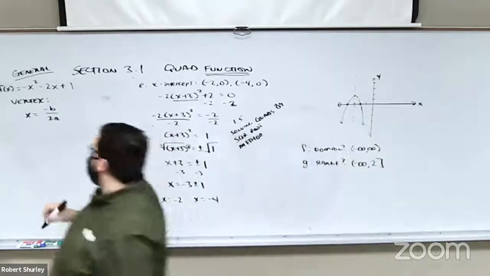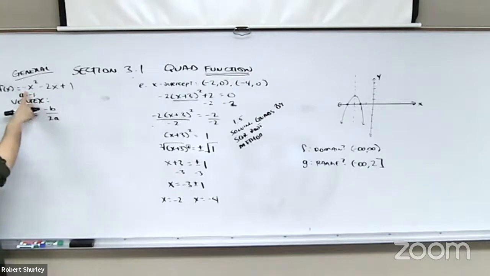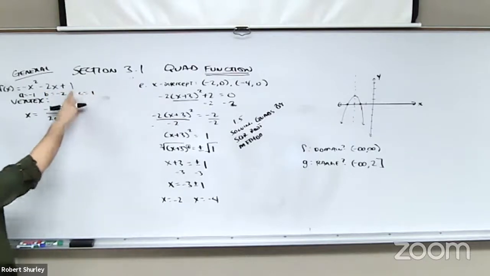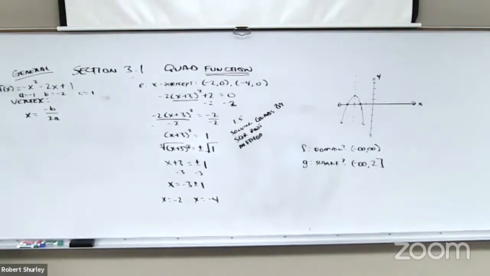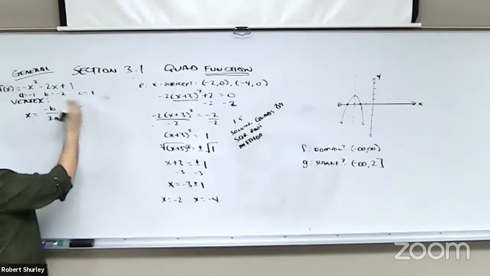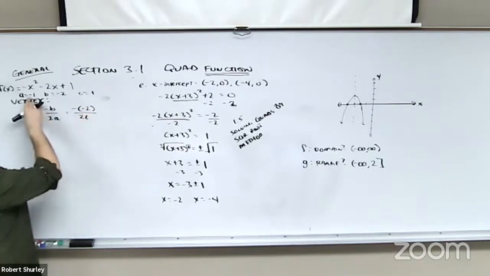So if we look at our example here, our a value would be -1, because it's the number in front of the x squared. Our b would be -2, and our c would be +1, the constant. So the x value of the vertex is negative b over 2a. So it's going to be negative, and b is -2, over 2 times a, -1.